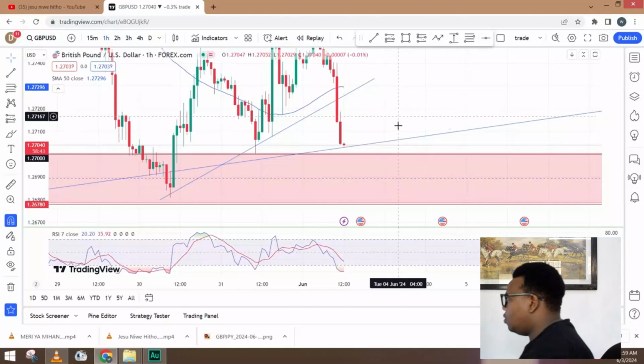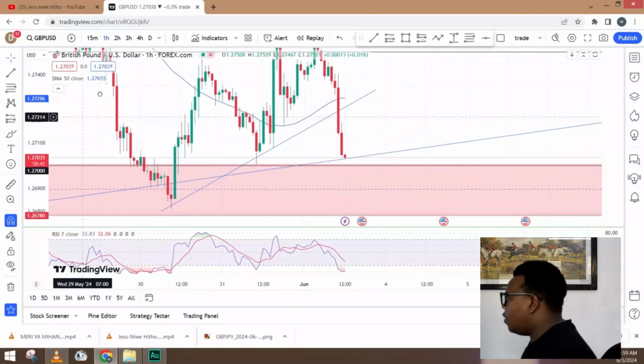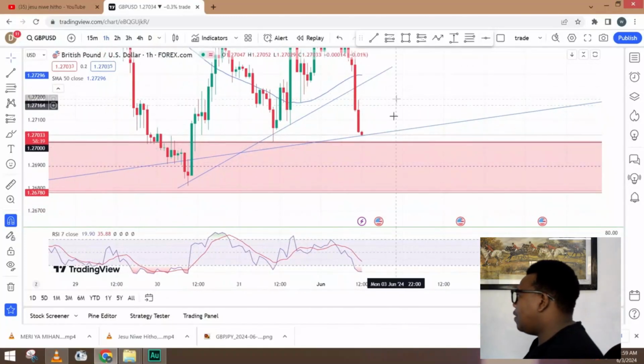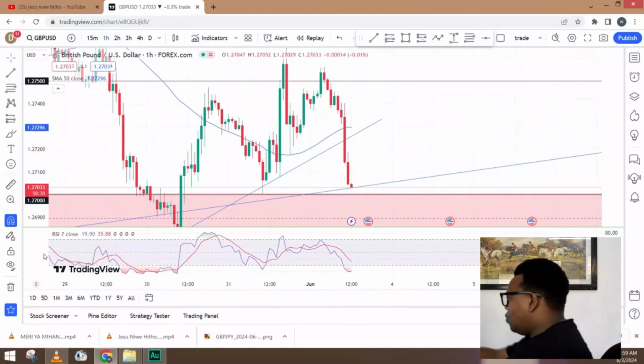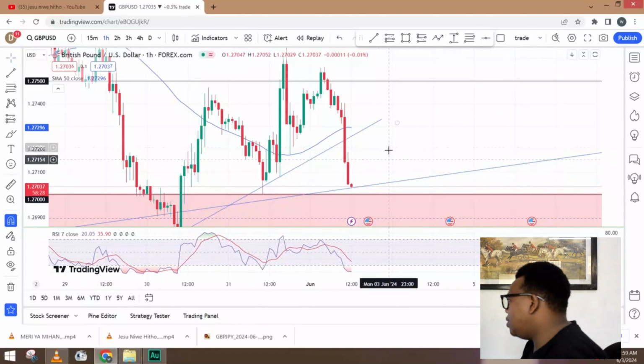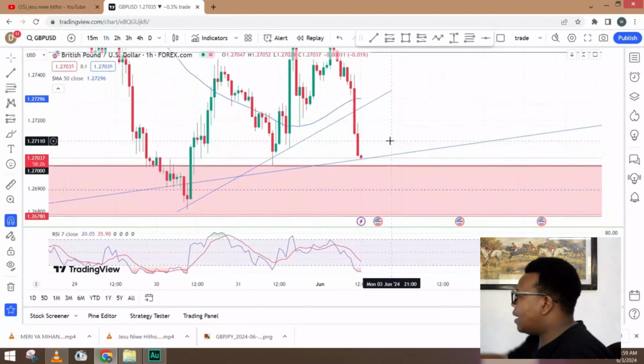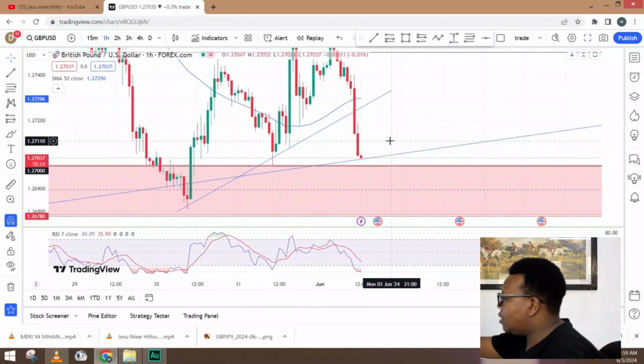What we should be looking for right now, we should be waiting for the market to do something like this. But you can see the market still has momentum going downwards. Since the market has really moved downwards, what we normally do, we just be patient a little bit. Once the market breaks out, you can see it has already broken this trend line.